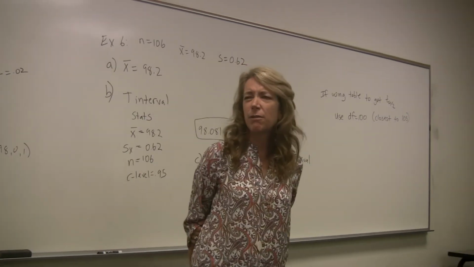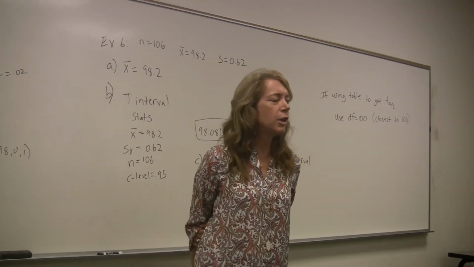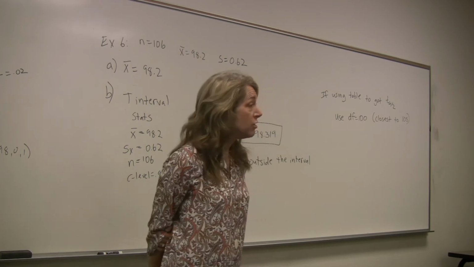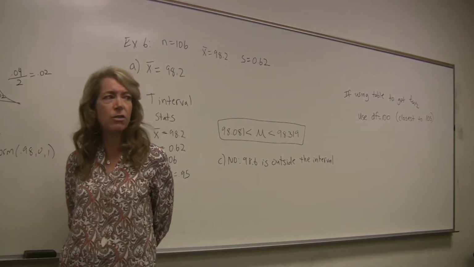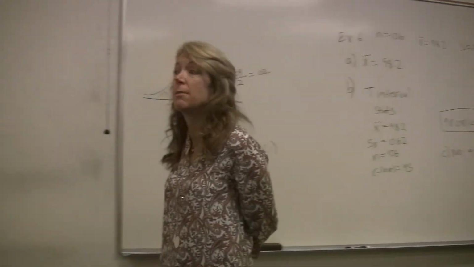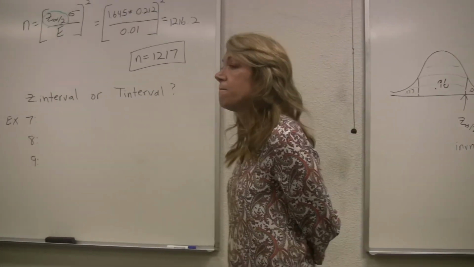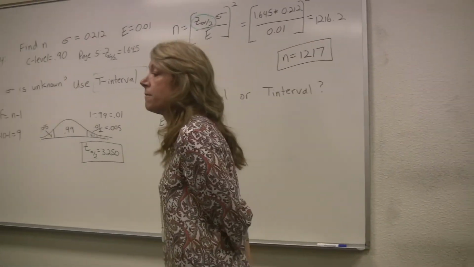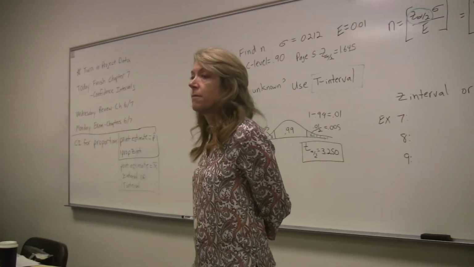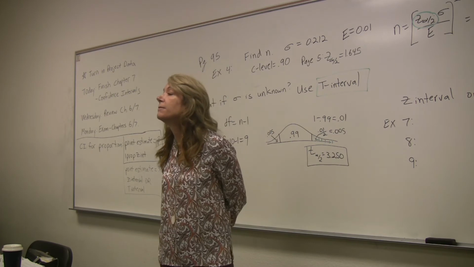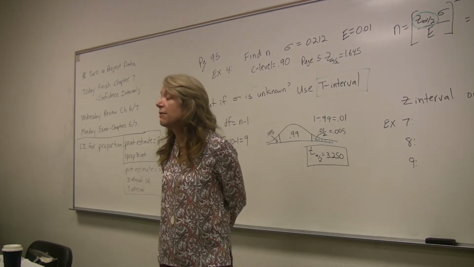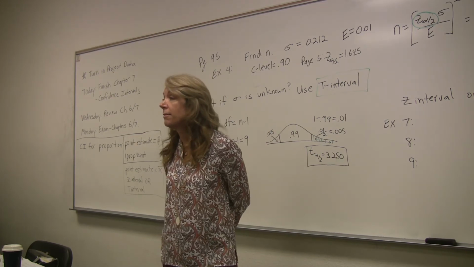How are we deciding if we want Z or T? What are we looking for? Population or sample standard deviation? Do you have the population standard deviation? That's the question. Do we know sigma? I couldn't hear you. Which one? 7, 8, or 9, or all three of them?